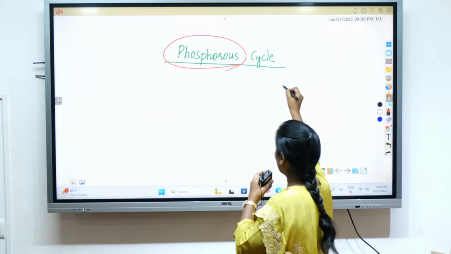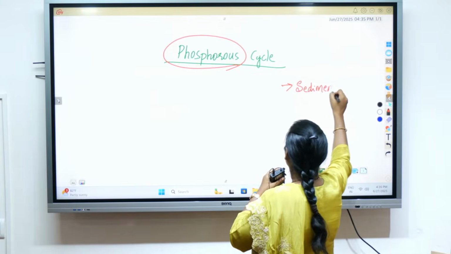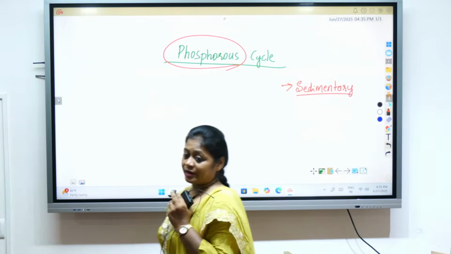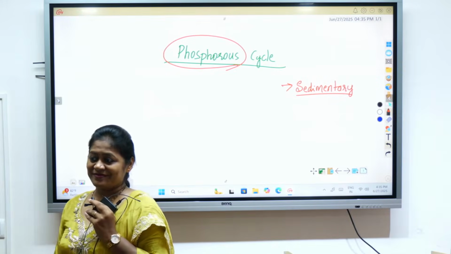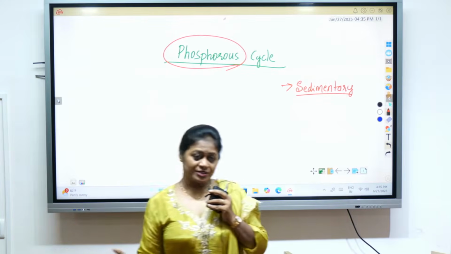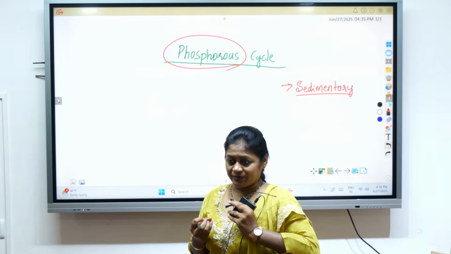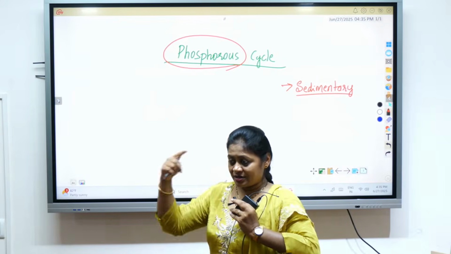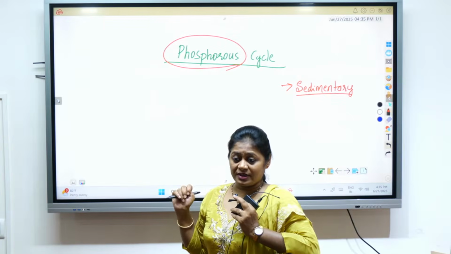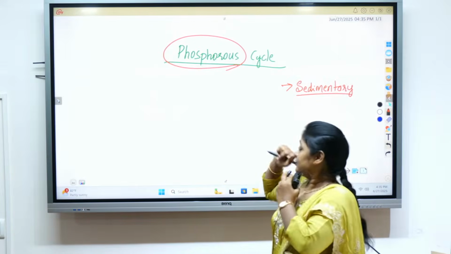On what basis are you saying it is a sedimentary cycle? Because phosphorus is locked up in sedimentary rocks, or landform, or lithosphere, isn't it? But in a gaseous cycle, the gases or nutrients circulate through the atmosphere. So which is the slow process? The sedimentary cycle.